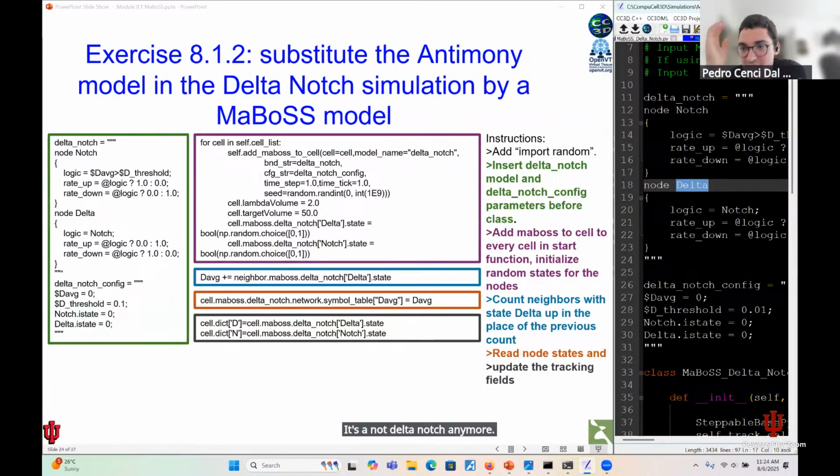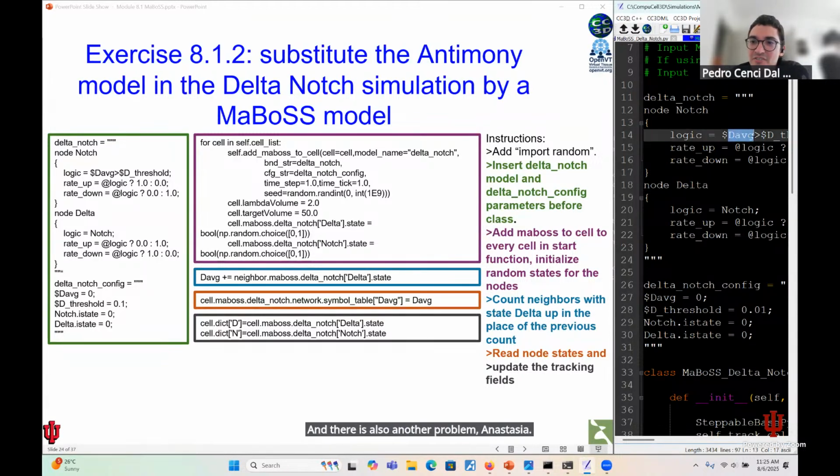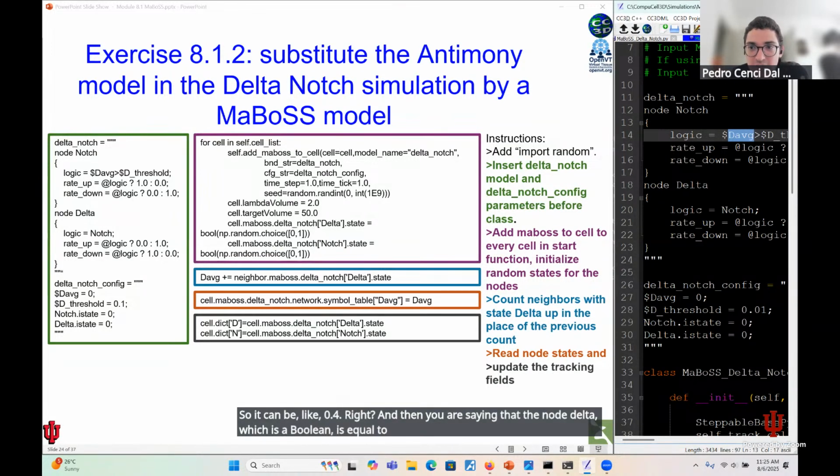You're basically saying cells that sense delta become delta, which is incorrect. And there is also another problem, Anastasia. DAVG, this average, is a float, so it can be like 0.4, right? And then you are saying that the node delta, which is a Boolean, is equal to 0.4?